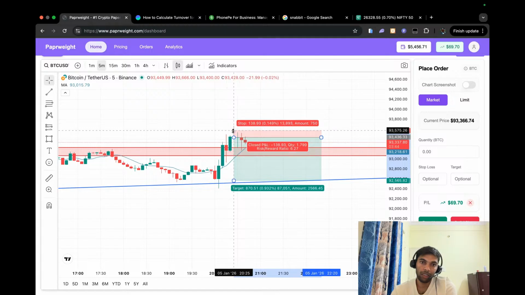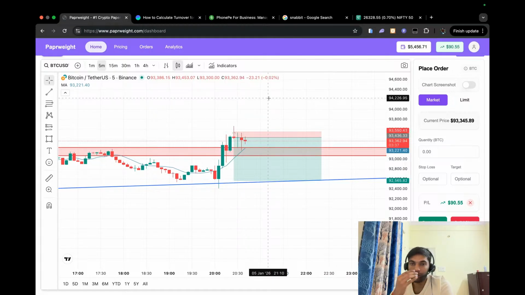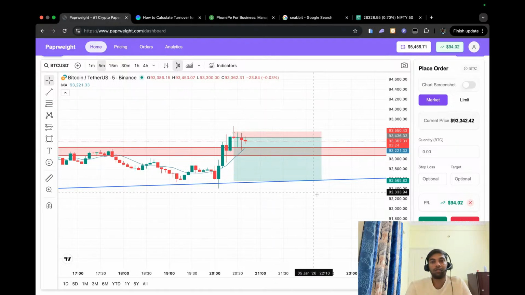I'm decreasing the stop loss to this point, $114, because if it crosses this point, it will definitely cross that point also. So my stop loss is at $114 and my target is $800.